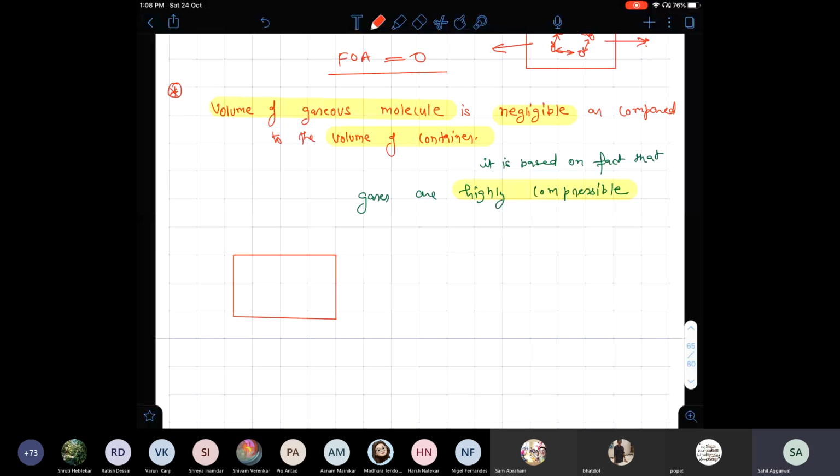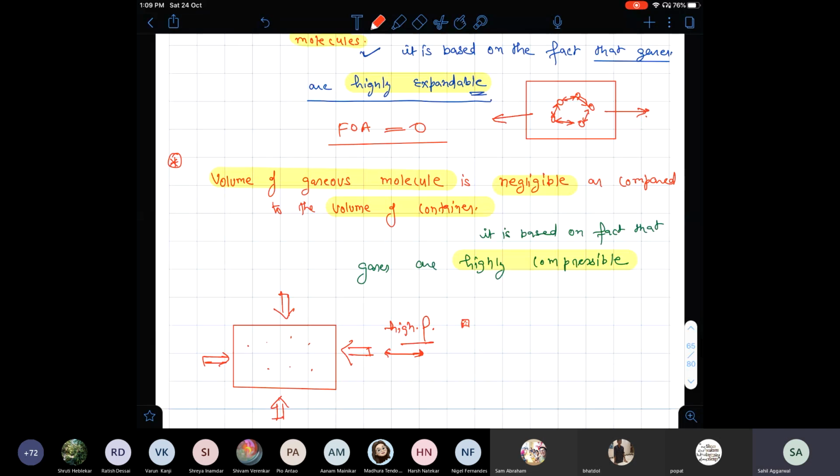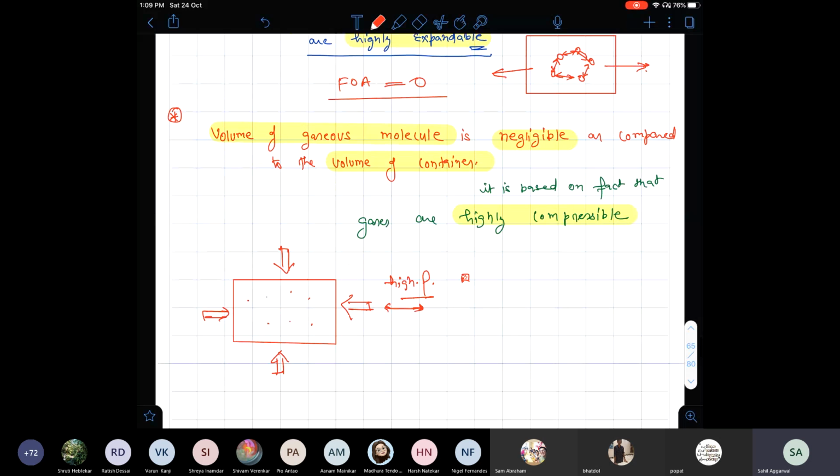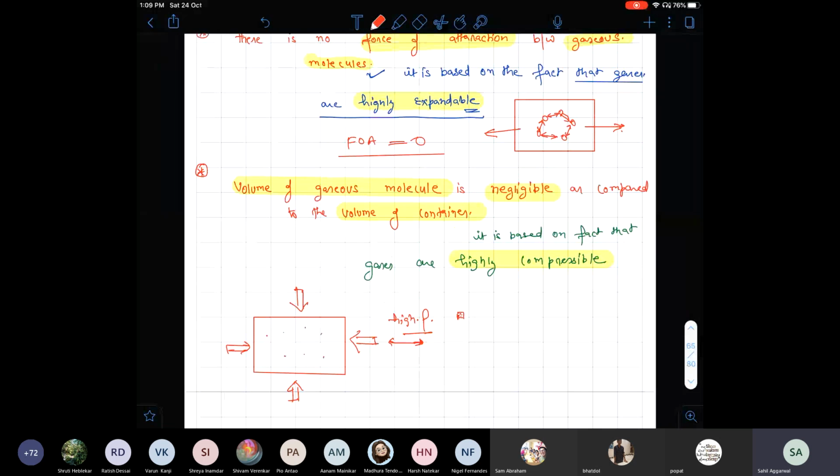If the volume of gaseous molecule is very small, then we can compress them to the maximum limit. And yes, we can compress them to the maximum limit. It means that volume of gas molecule is negligible as compared to the volume of container.